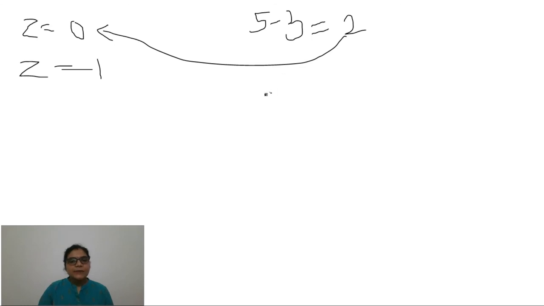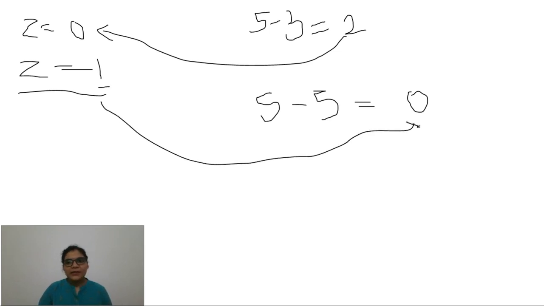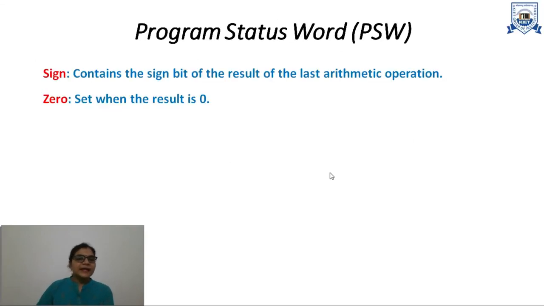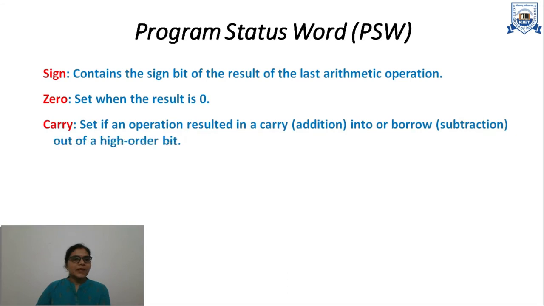Suppose the processor performs 5 minus 5, then the result will be 0. So the zero flag will be set to 1 by the processor to denote that the result was 0. So the zero flag denotes whether the produced result is a non-zero value or a 0 value. Next flag is the carry flag.